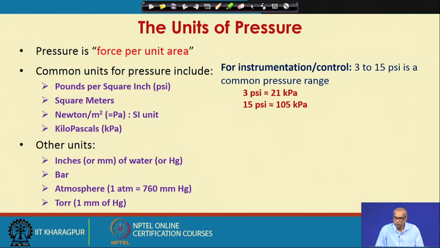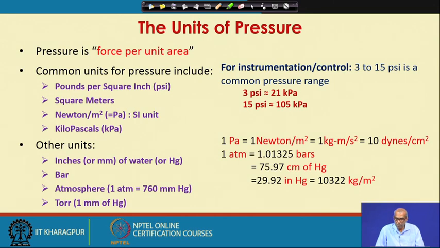So, this is used for pneumatic control systems. 3 psi is about 21 kilopascal and 15 psi is about 105 kilopascal. 1 Pascal is 1 Newton per meter square, which is equal to 1 kg per meter per second square, which is equal to 10 dynes per centimeter square. 1 atmosphere is 1.01325 bars, is equal to 75.97 centimeter of mercury, commonly we say 76 centimeter of mercury, is equal to 29.92 inch of mercury, we commonly say 30 inch of mercury, which is equal to 10322 kg per meter square.